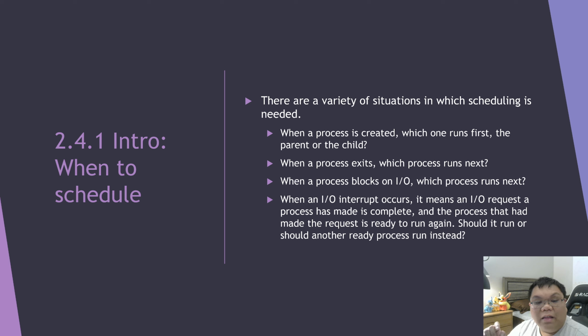When a process is blocked, it might be removed from the CPU so that another process may run instead. When that I/O interrupt occurs, it's basically telling the system this process has completed its I/O request and is ready to run again. Do we run that process next, or do we run some other process instead? So that's the question of when we schedule processes to run next.